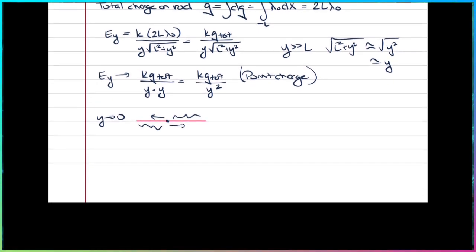Equivalently, let y be absurdly small compared to, not r, wrong problem, L, which means I essentially have my nose up against the wire. Or that's essentially the same thing as letting L go to infinity.